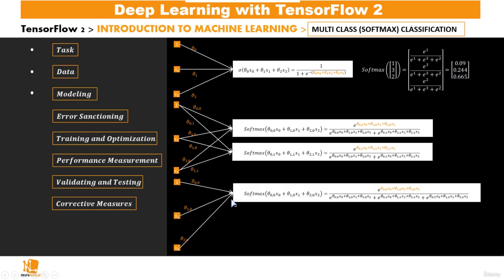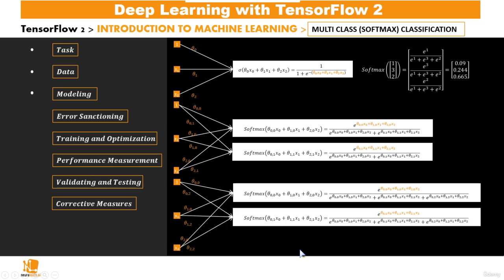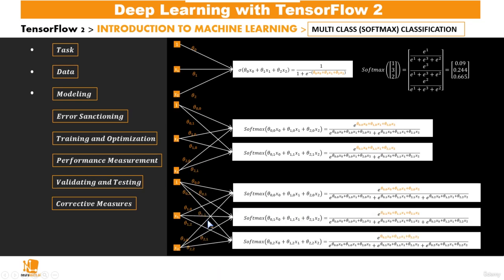Now let's look at another example where we have 3 different classes. We see how in this case we have 3 inputs, 3 outputs, so we have 9 different parameters, as when we add this input we have 3 different possibilities. Since we have 3 possibilities, 3 times 3 gives 9 different parameters.